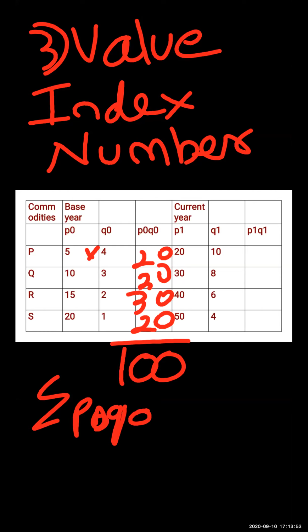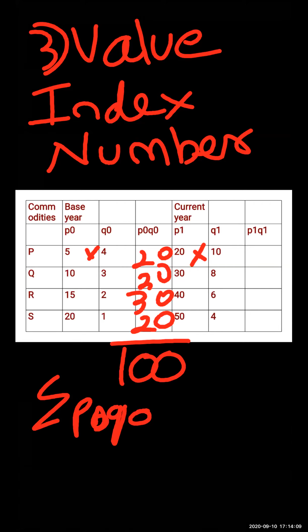Okay, the next step is to multiply P1 Q1. That is, you need to find the product of price and the respective quantities of the different commodities for the current year.